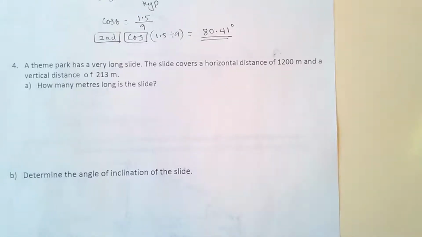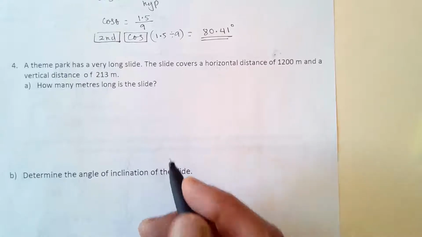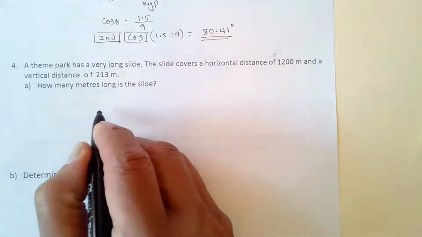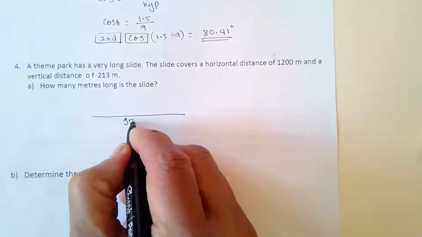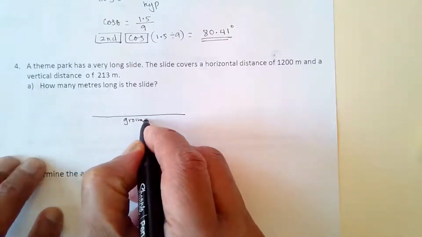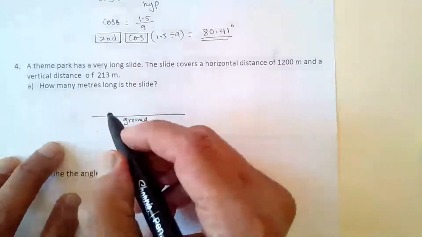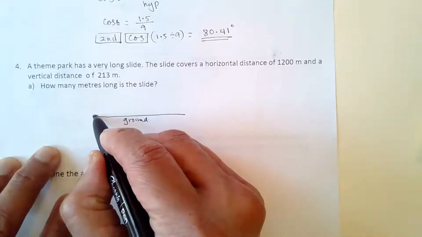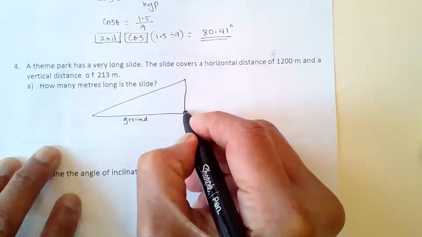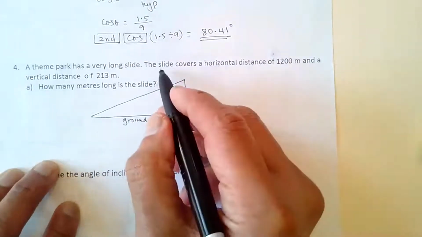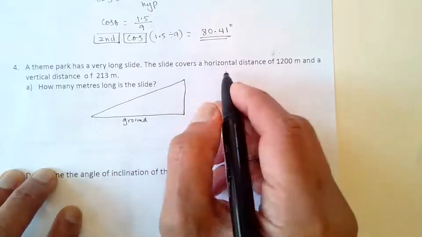So we're looking at the slide here. So this is our ground. So I put this illustration here, our ground. And there's this very long slide going up. Now the slide covers the ground horizontal distance.